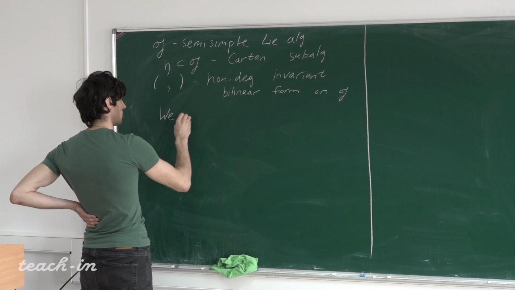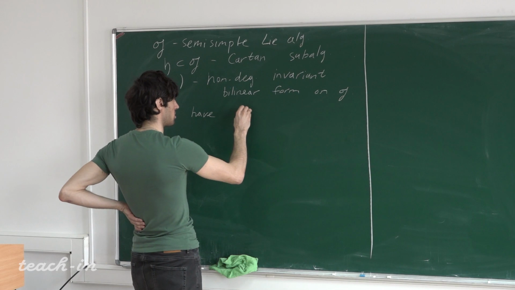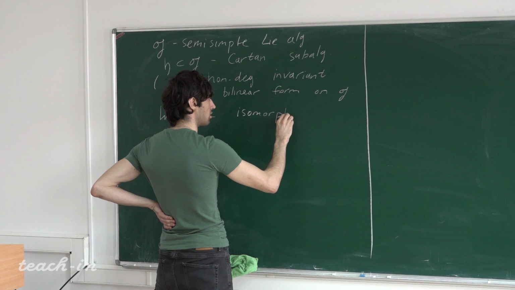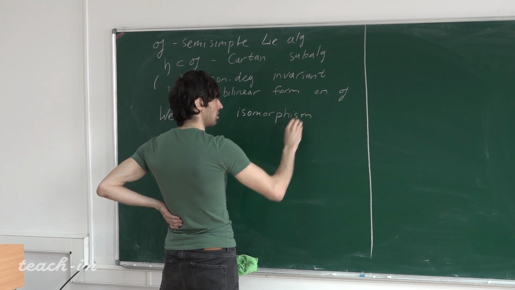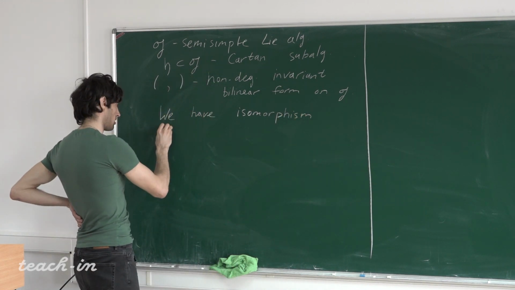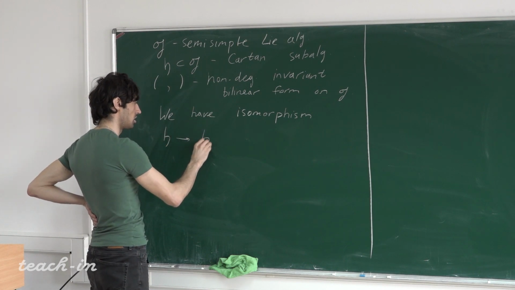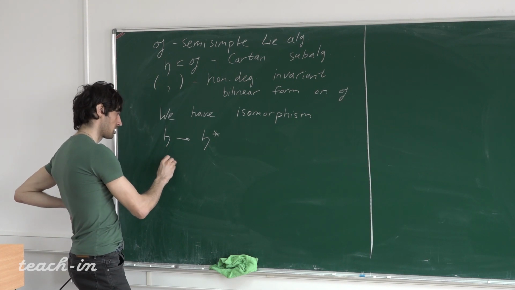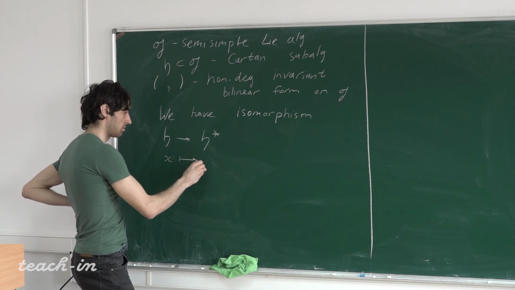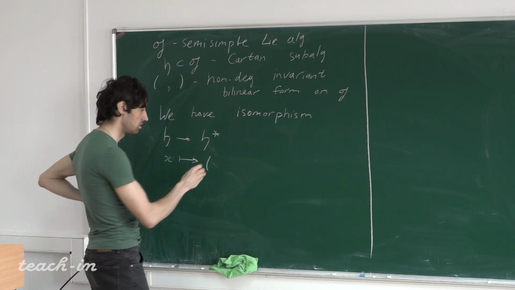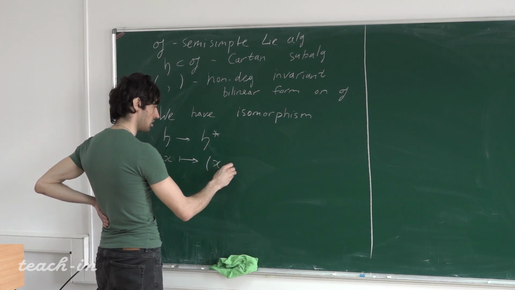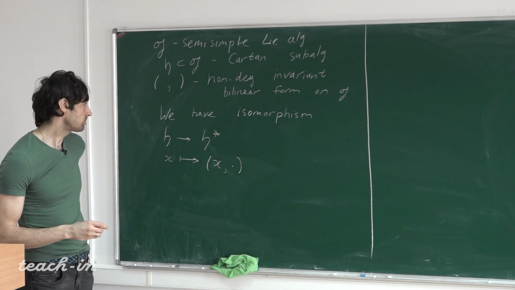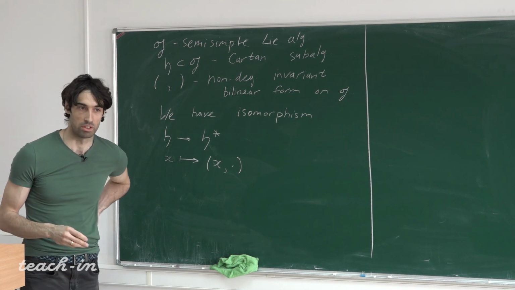So we have an isomorphism from H to H star as follows. You take an element X from here, and the corresponding linear functional is just you computing the form with X. Why is it an isomorphism?